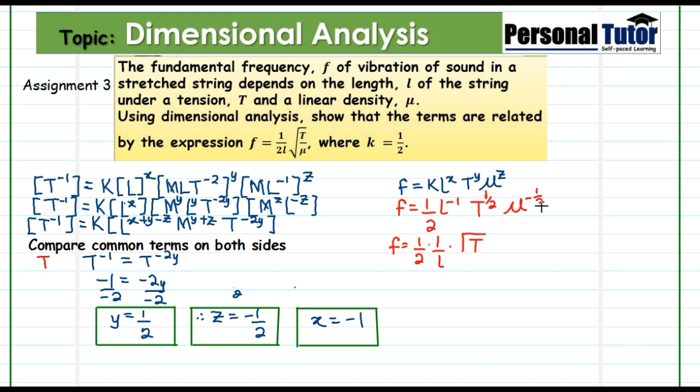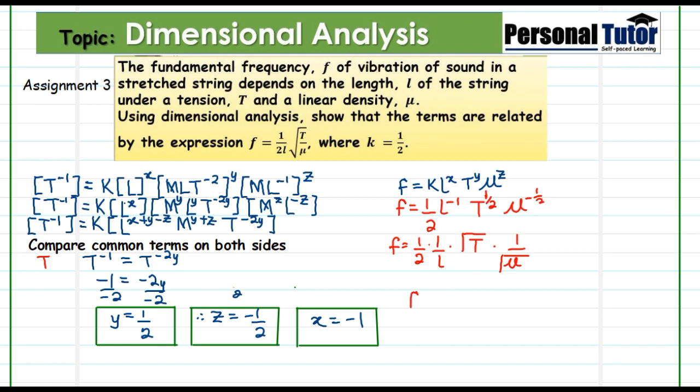Okay. Mu to the power negative half, because of the negative, could be written as 1 over mu to the power half. This is how it is written. If that is understood, then in the place of the half, we could easily replace it as square root. So this is the way of converting all of this to that.